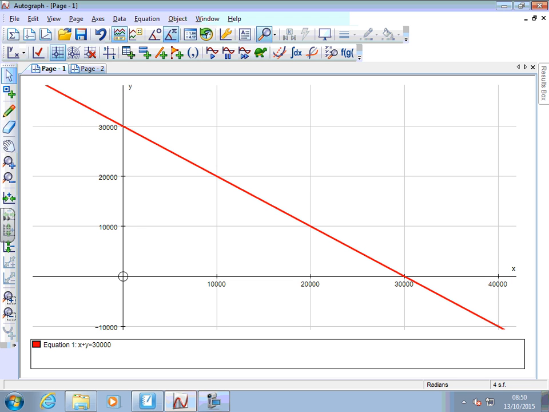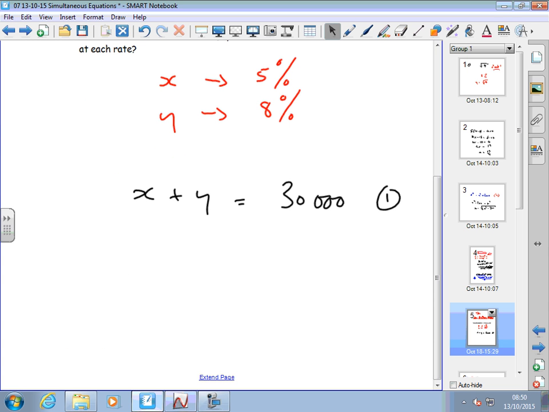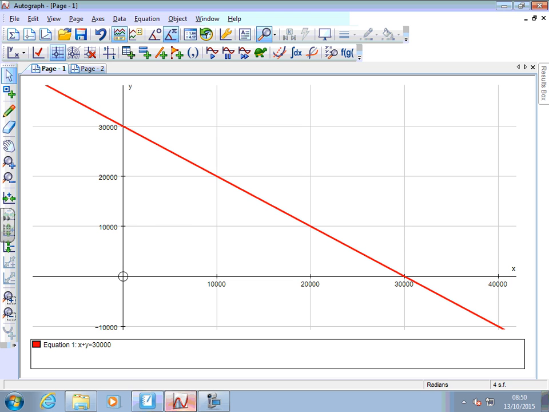And if you look at it, when X is 0 down on the X-axis, Y is 30,000. So in other words, you could invest the whole lot. Y represents, remember, what she invests at 8%. So she could invest the whole lot at 8%, £30,000, or the whole lot at 5%, £30,000.